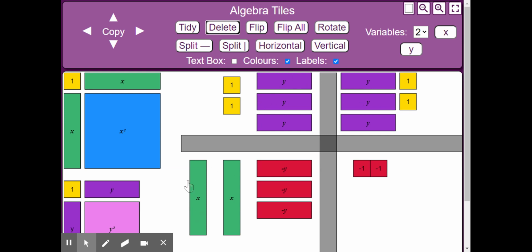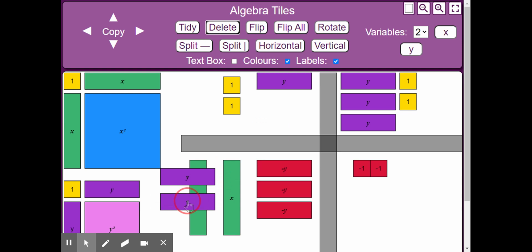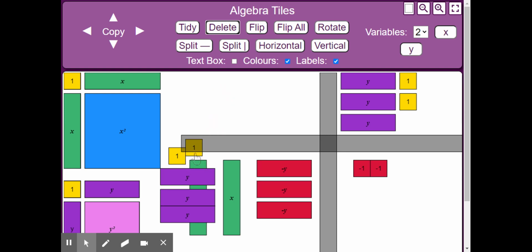So that being said, I've got 2 X tiles. This is my second equation down here. I've got 2 X tiles, okay? And so I'm going to replace both of these X tiles with these Y's. I'm moving them down here just because it's easier for me than it is to grab new ones. Okay. So there's my replacement for this X tile, so I can get rid of this one.